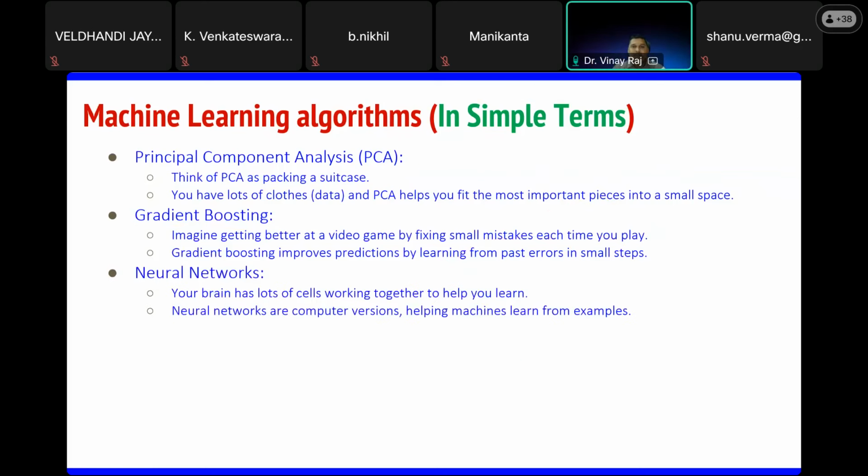Next, neural networks. Here we talk about the human brain. In our human brain, we have a lot of cells working together to help us learn, right? There are a lot of neurons in our brain which help us to learn. So neural networks are computer versions helping machines to learn from examples.